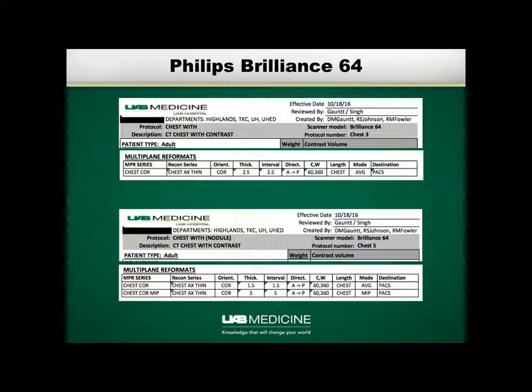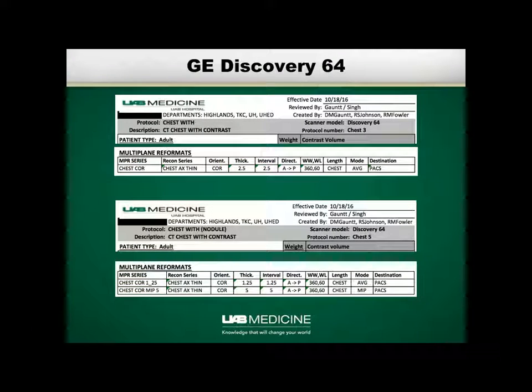Another subtlety is, for example, here is a protocol designed for the Philips Brilliance 64, and these are two different protocols. Both of them have a chest coronal series, and they've got different image thicknesses and intervals. One's a 2.5 millimeter, the other's a 1.5. This doesn't work on the GE Discovery.